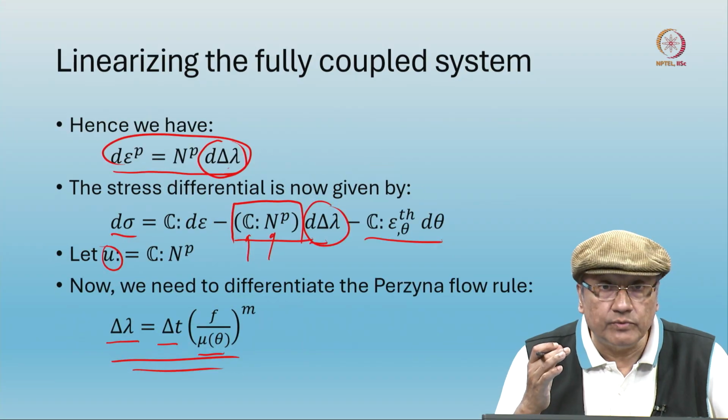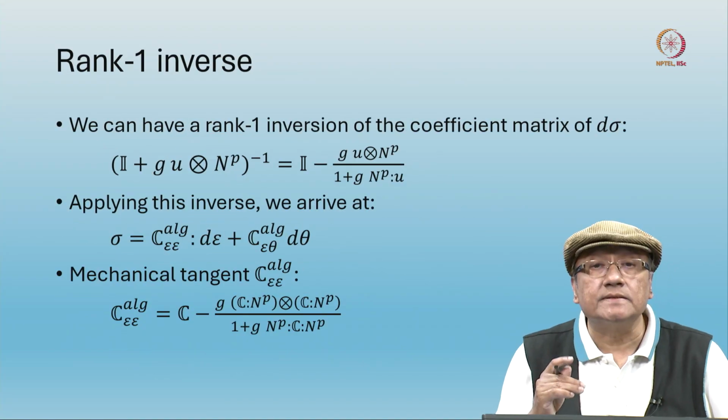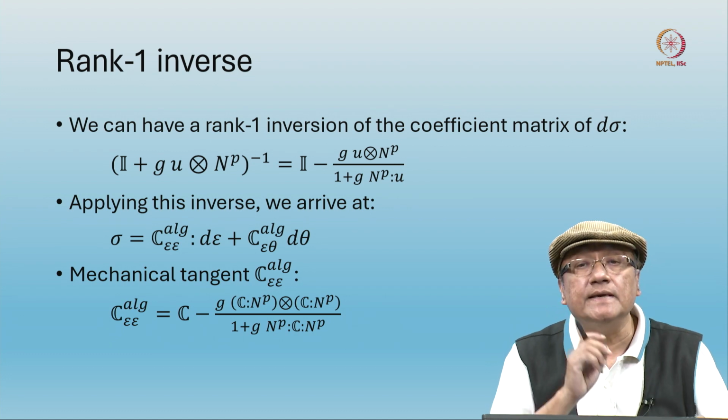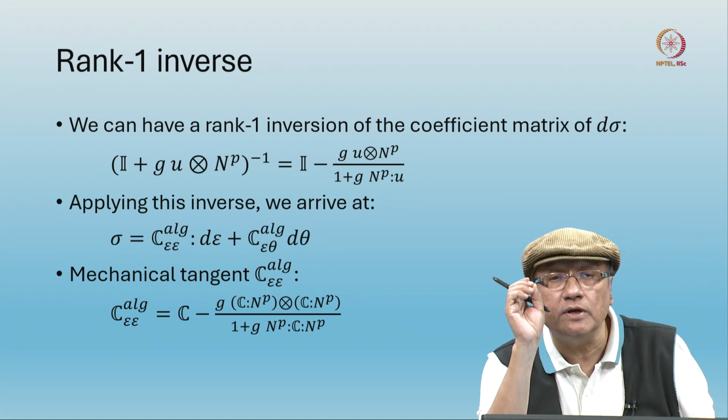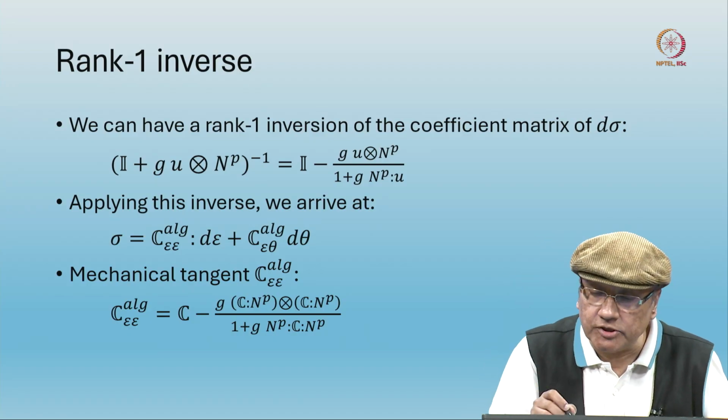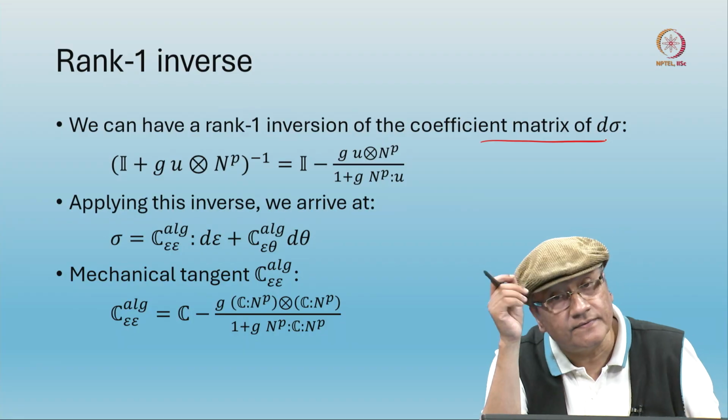So, basically what we are doing is to assure that in finding C epsilon epsilon, the purely mechanical material tangent, we can apply this rank 1 inversion for the coefficient matrix of d sigma.